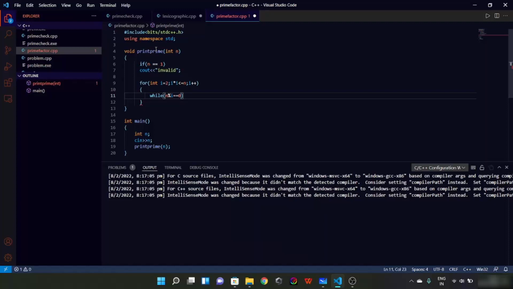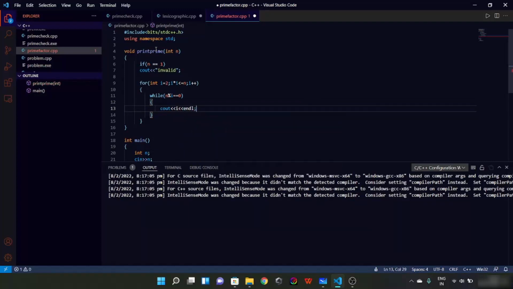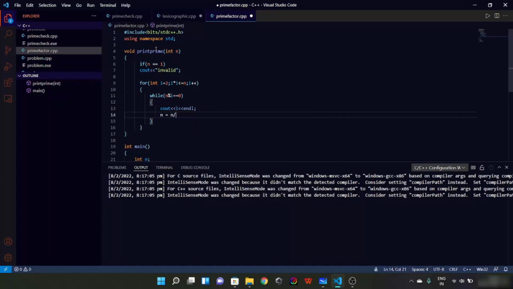If it is equal to 0, we are going to do what? cout i. Let's have a break in every prime divisor, and now we are going to change n as n divided by i, right? So this is the idea.